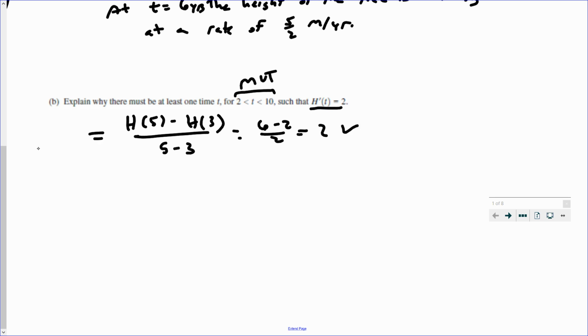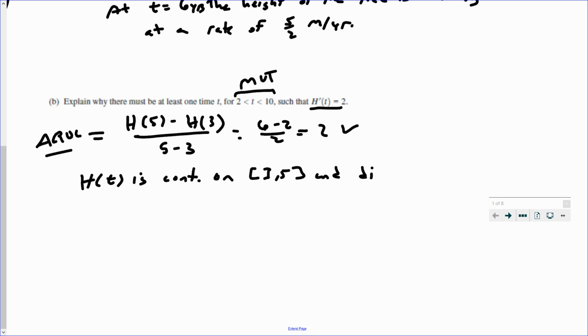Now remember, this is my average rate of change right there. So this is MVT, so I'm going to set it up. Remember, first of all, for MVT, you have to be continuous. So we can say h of t is continuous on the closed interval, hard bracket, 3 to 5. Differentiable on the open interval, 3 to 5.